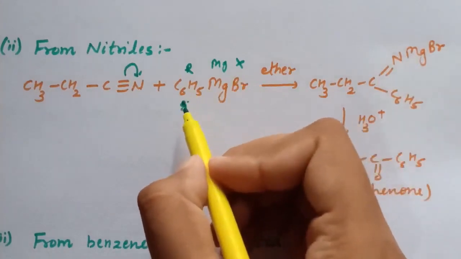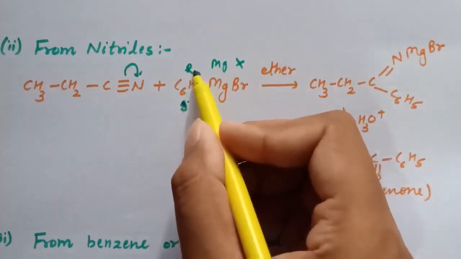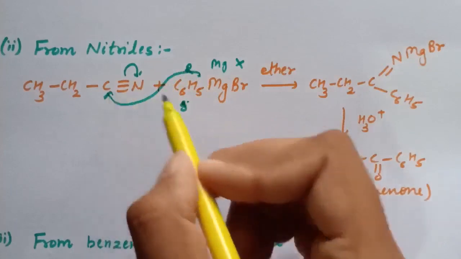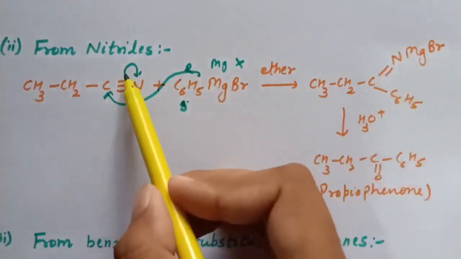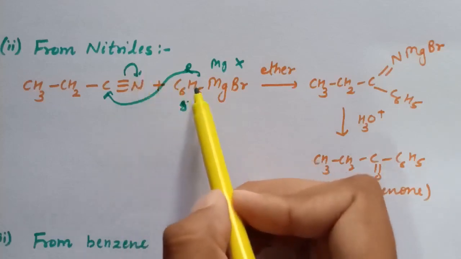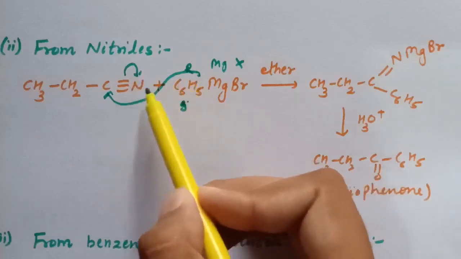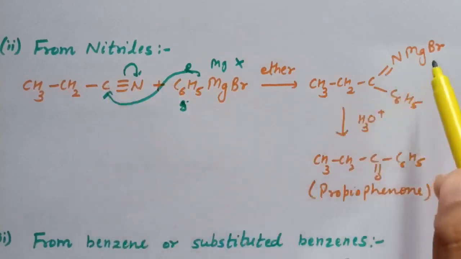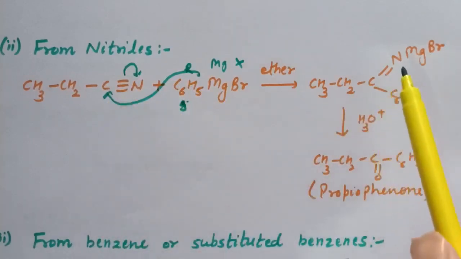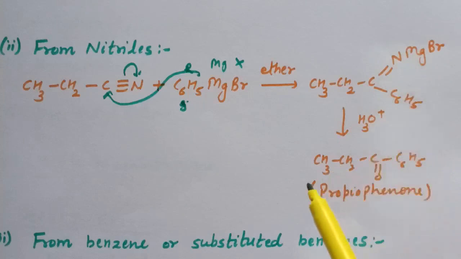Therefore, this can attack this carbon atom, and this complex is formed. So this bond will be shifted to nitrogen, and this C6H5 will attack the carbon atom of the nitrile. After the hydrolysis of this complex, the ketone is formed.